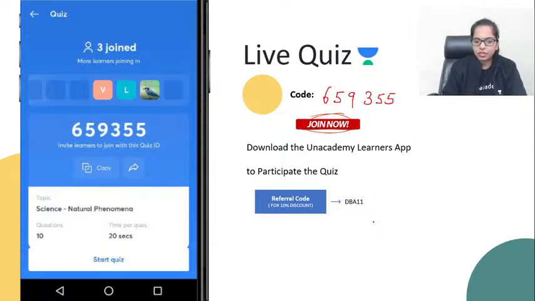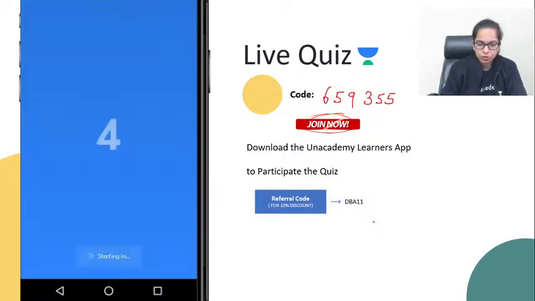Join quickly. This is the quiz code. Join using this code. Okay, I'm starting up with the quiz now. Okay, 3 people have already joined. I'm starting with the quiz. Please mark the answer. So quiz is starting now.